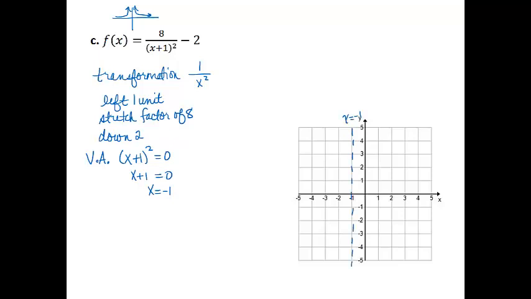And our horizontal asymptote, again, the degree of the denominator is larger than the numerator's degree, so this term would go to 0, and then 0 minus 2 would be negative 2. And we can find that by shifting the basic graph down 2 units, so that horizontal line at 0 has to go down 2 to y equals negative 2.